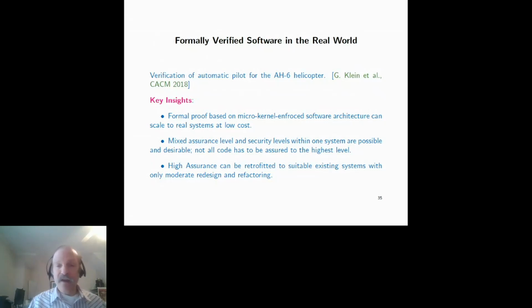One of the things they said is that you have to do some redesign and refactoring, and not everything requires the highest confidence. You have to decide where you should put the higher effort, and what level of security and assurance you need for which module. Because remember, verification is a business decision, and you have to decide where to put your money.